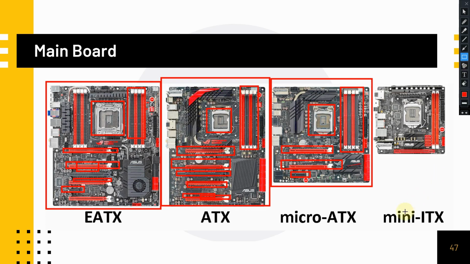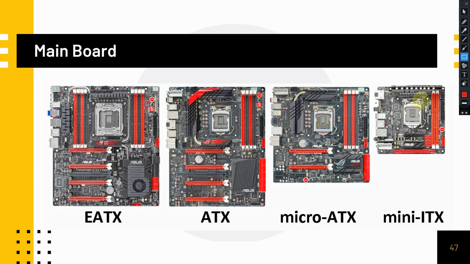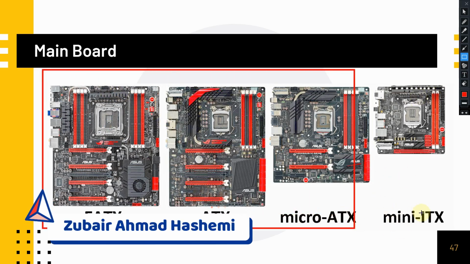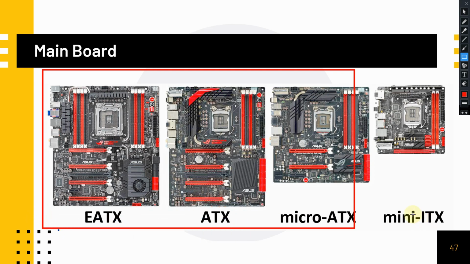If we come to ITX, the second part, these are all the ATX part, and we have ITX, information technology extended. These boards are mainly designed for computers used for home theater, basic games, and small purposes.